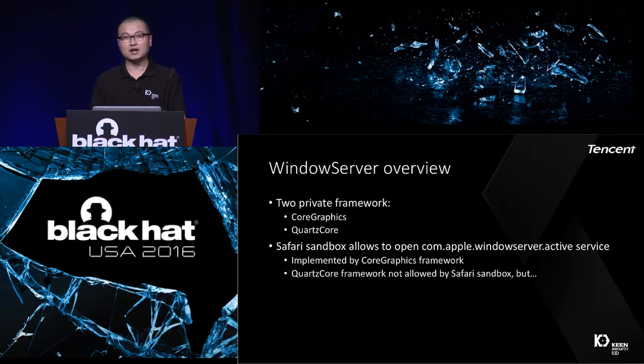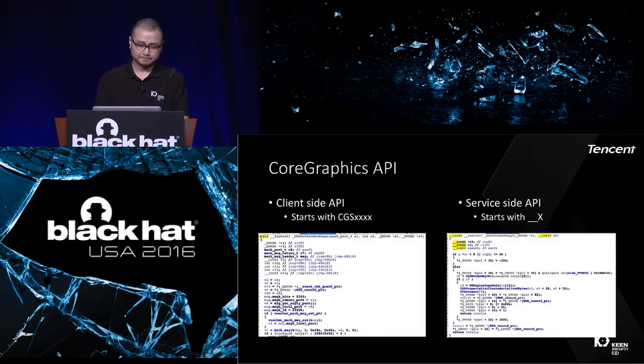But later on, I will explain in more detail, and you will find something interesting. And there are 2 sets of APIs. One is a client-side API, and the other is a server-side API. You can distinguish them very clearly by the name. The client side starts with CGS, and the server side starts with _X.